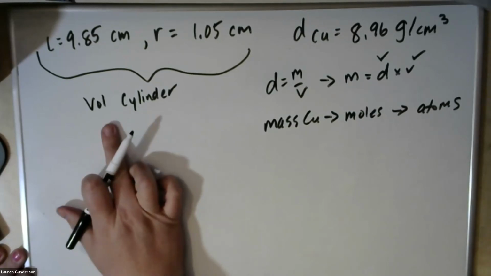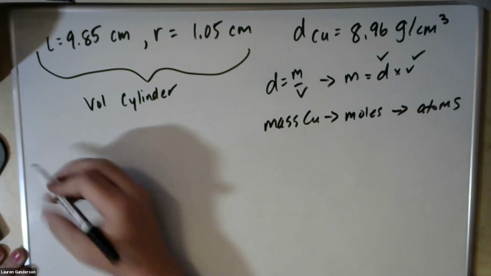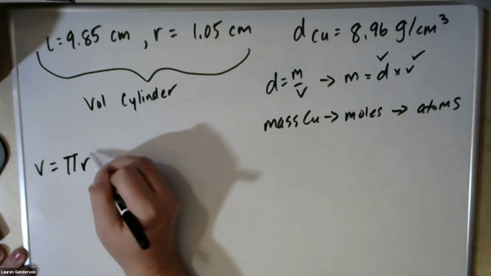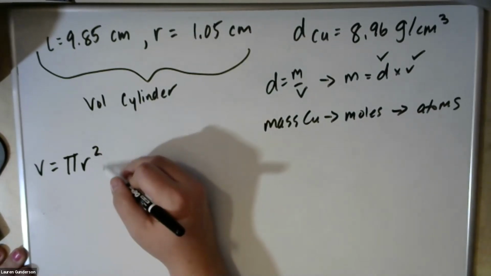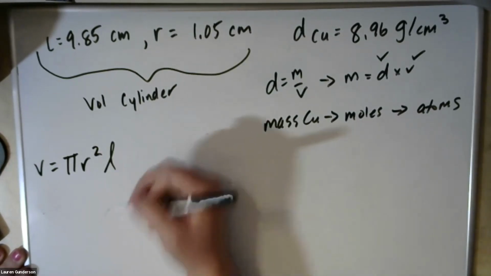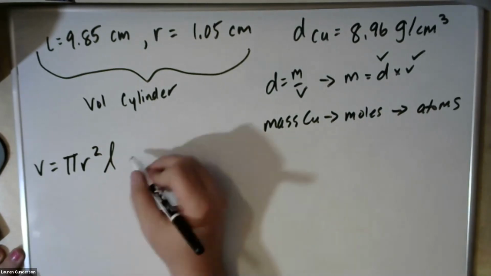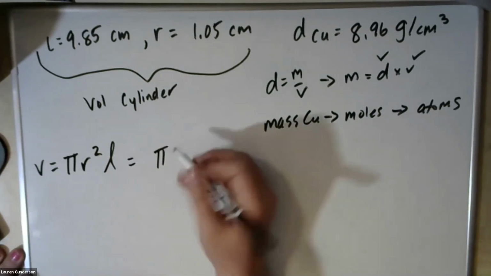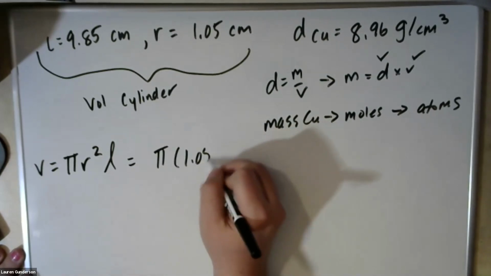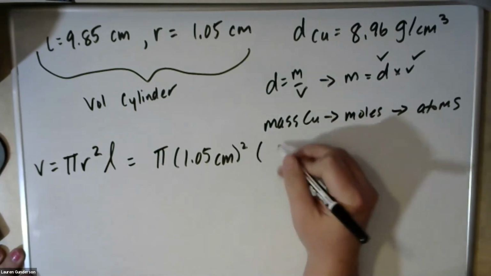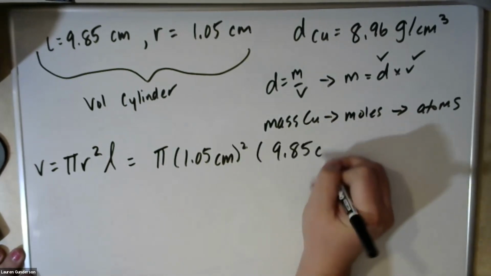So we'll start by finding the volume of the cylinder. They tell us that the volume of the cylinder is pi r squared times height or length. We'll call it length here because that's the wording of the question. So pi times 1.05 centimeters squared times 9.85 centimeters.